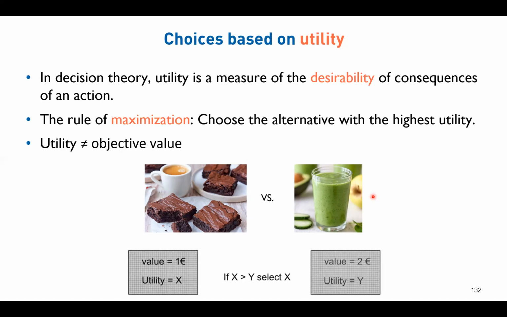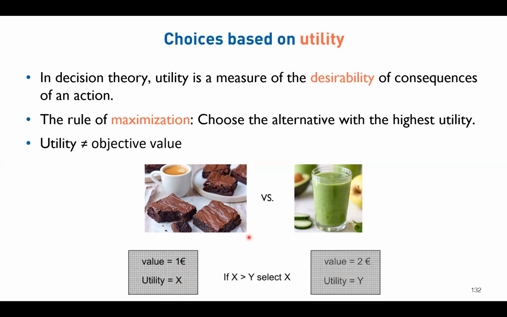One example: let's assume the brownie is worth €1, the smoothie worth €2. This doesn't necessarily mean the utility. If your subjective feeling or subjective value of the brownie is higher than the subjective value of the smoothie, maybe you take this.